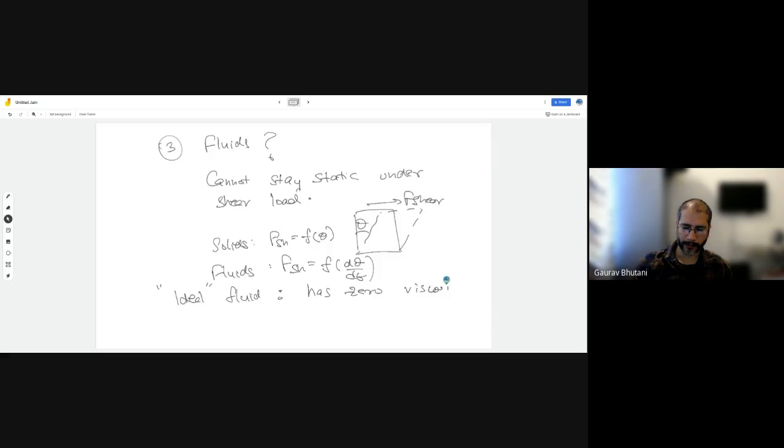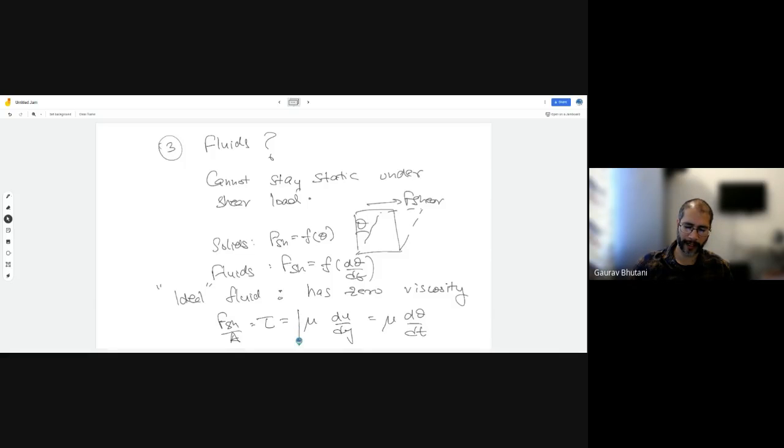Viscosity again: shear stress, or shear force upon area, is viscosity times du by dy. In fact, it comes from viscosity times d theta by dt. I'll talk about it more in the next lecture when we talk in detail about viscosity. But this relation of mu times du by dy actually comes from this.